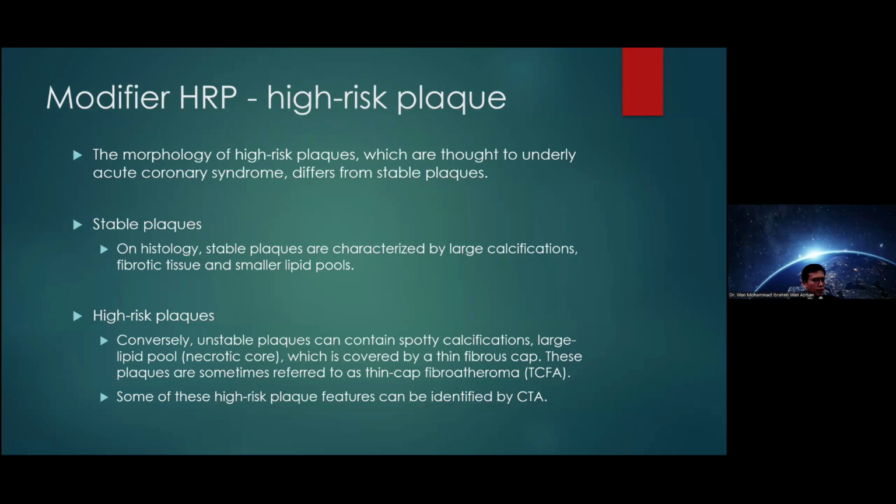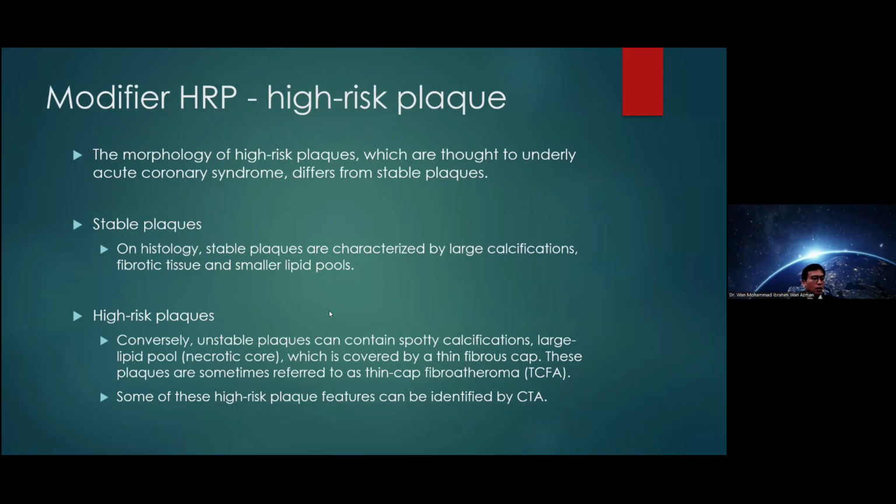So in CAT-RADS, CT is increasingly being used to detect high-risk plaques. High-risk plaques are the plaques that are known to cause flow limitation. It's the one that causes ischemia, and it is the one which is prone to rupture, causing acute MI or heart attacks.